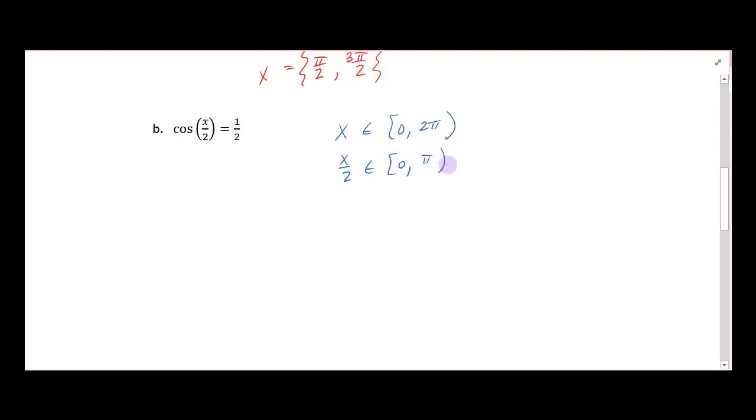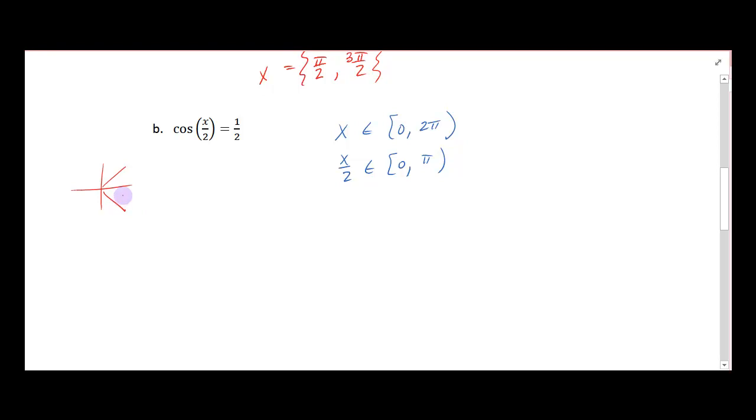Okay? So now that we have that idea, let's say the cosine of some angle is equal to positive 1/2. Now where does that occur? When I take the cosine of some angle and get a positive 1/2, I am either up here in quadrant 1, or for cosine, I'm down here in quadrant 4.